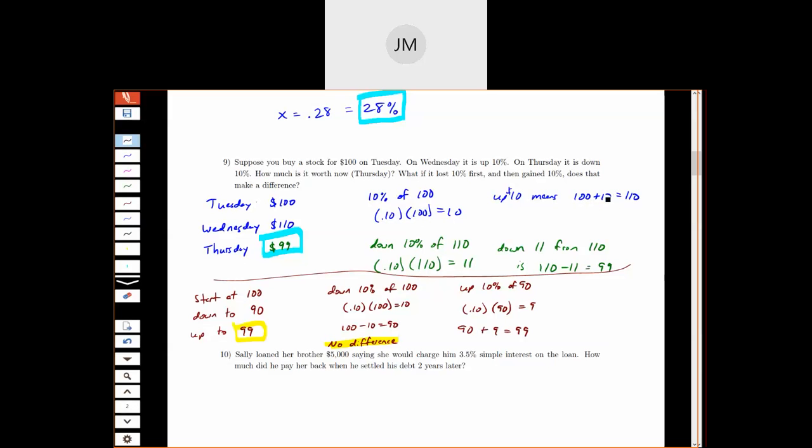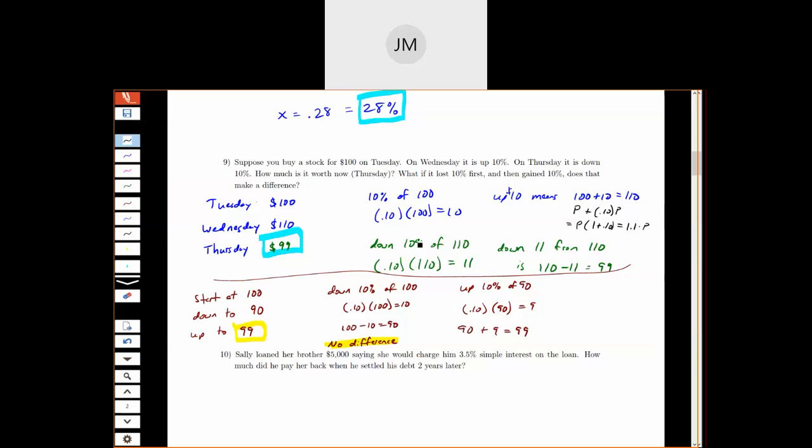So if I have my starting amount or principal P, I have P plus 10% of P, which, if I factor out the P, is P times 1 plus 0.10, or 1.1 times P. So adding on 10% is like multiplying by 1.1.